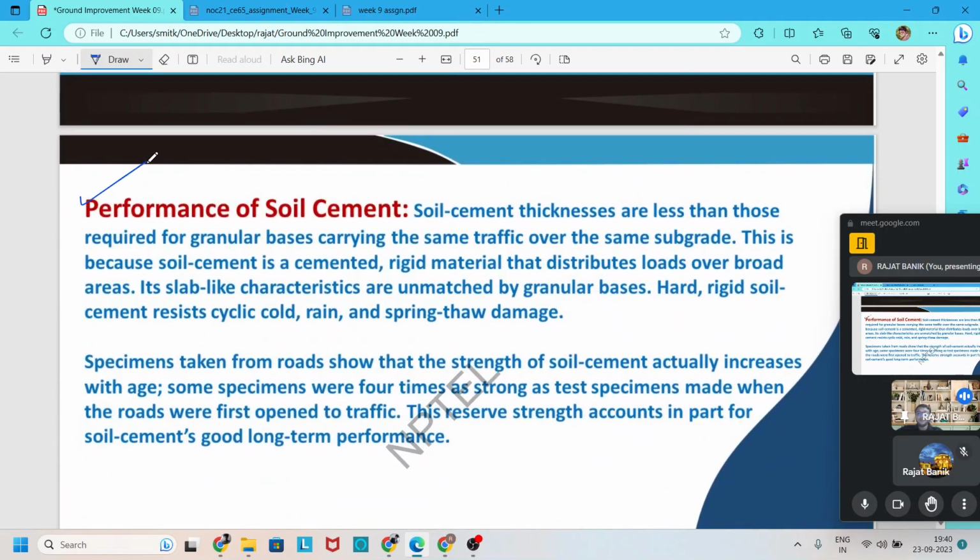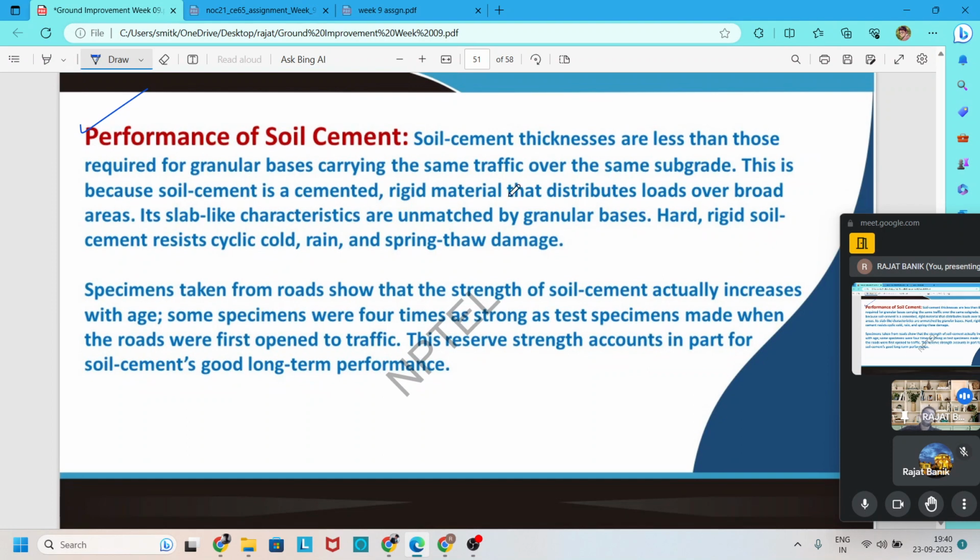Now we discuss the performance of soil cement. Soil cement thickness is less than that required for a granular base carrying the same traffic load over the same subgrade. When we apply soil cement, it reduces the granular base.